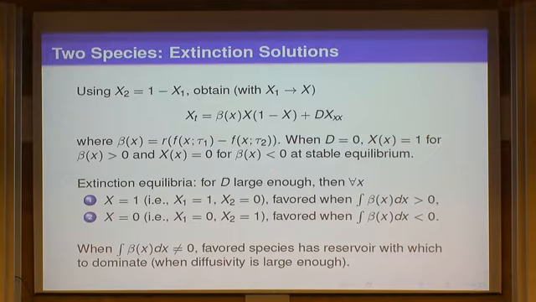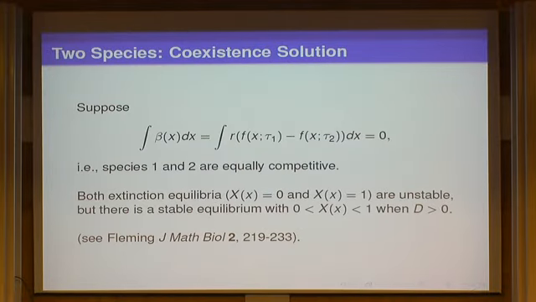And this has actually been studied in biological contexts. Generally speaking, if D is not 0, you get a stable equilibrium where x is between 0 and 1, meaning the 2 species coexist.